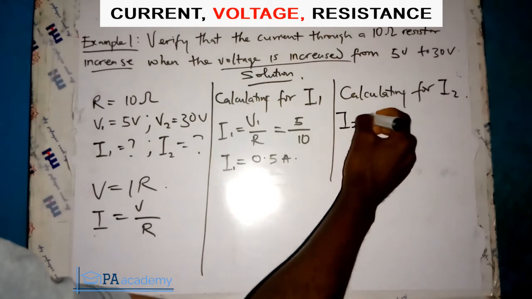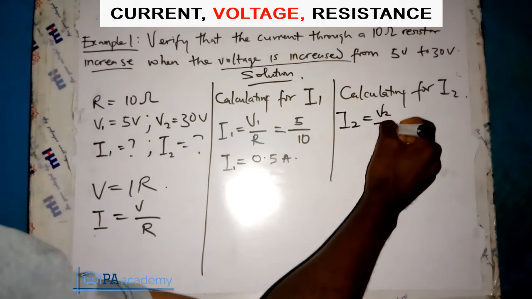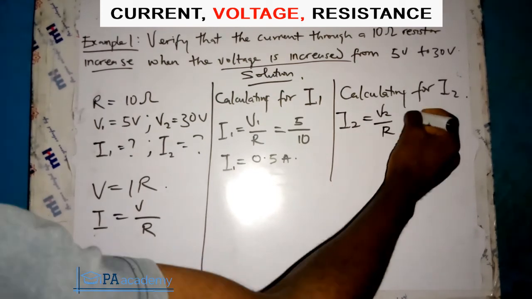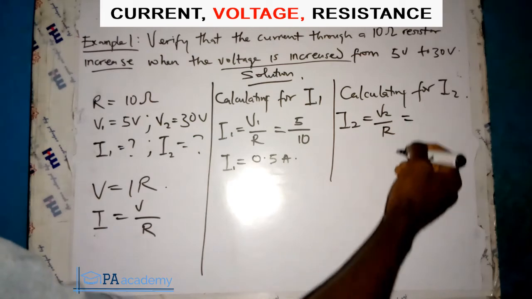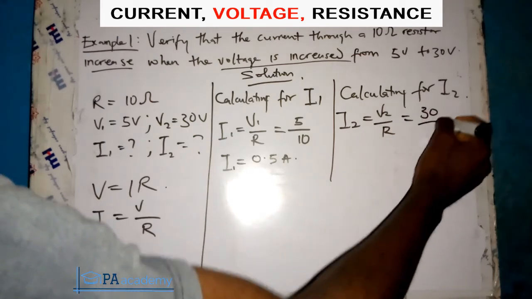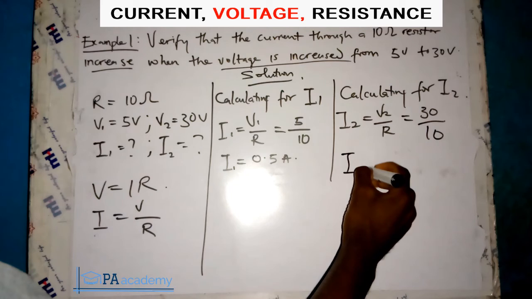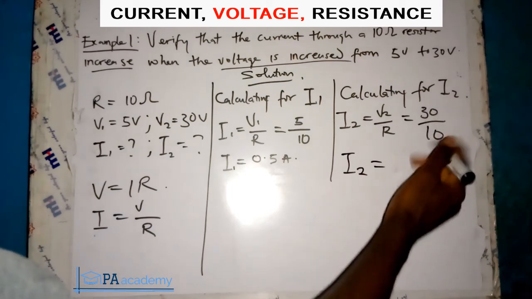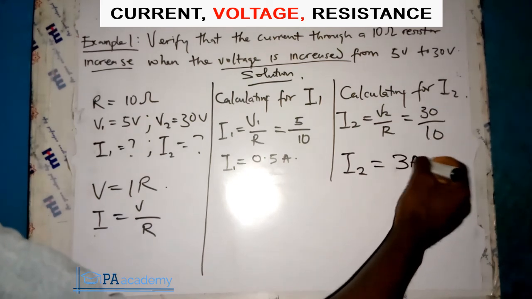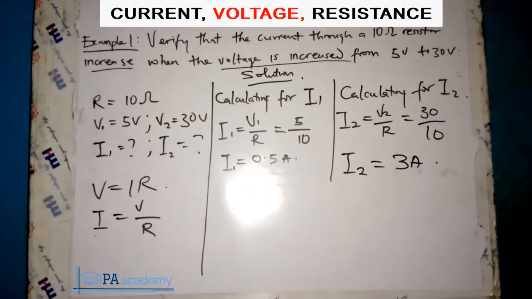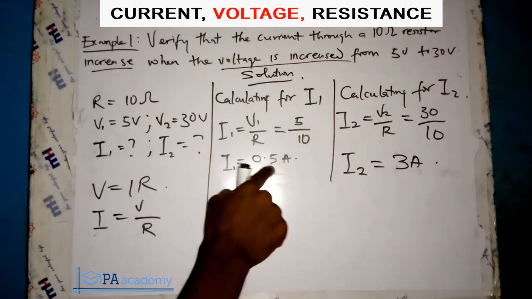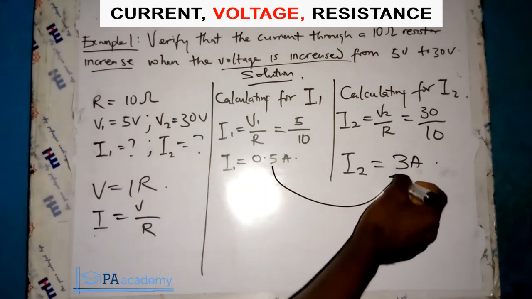I2 equals V2 over R. Let's put in our figures. Our V2 is 30 and our resistance is 10, so that is 30 over 10. So we get I2 equals 30 divided by 10, that will give us 3 amperes. So you can see that our current has increased from 0.5 amperes to 3 amperes.